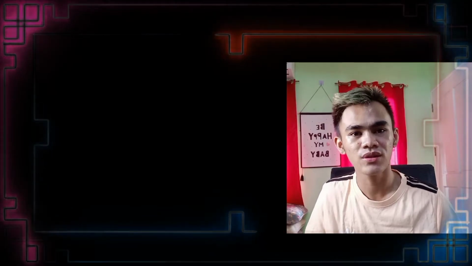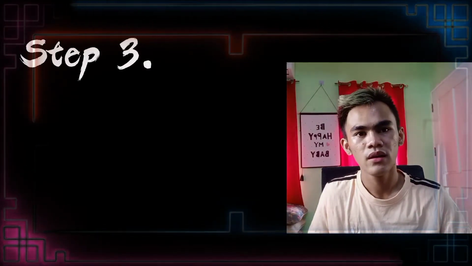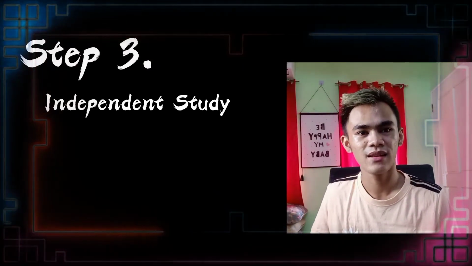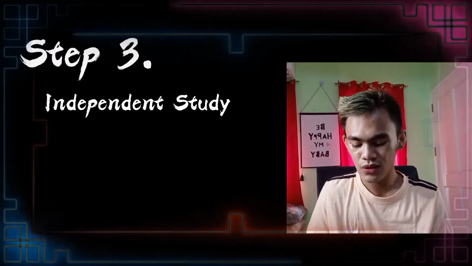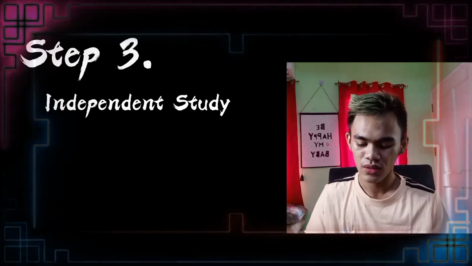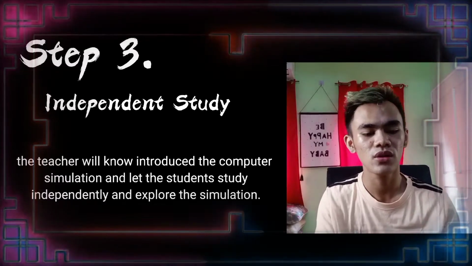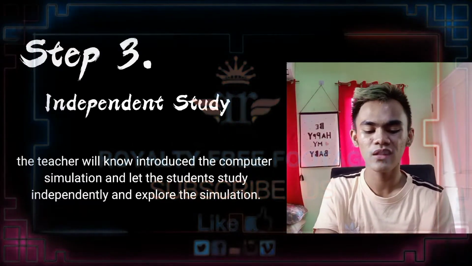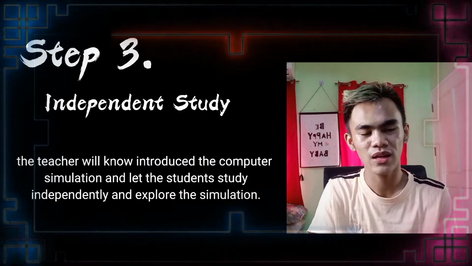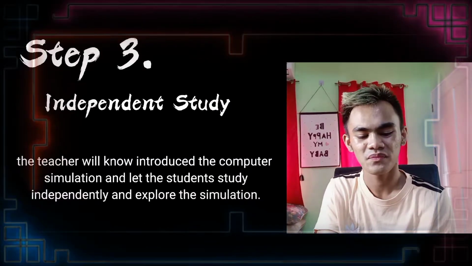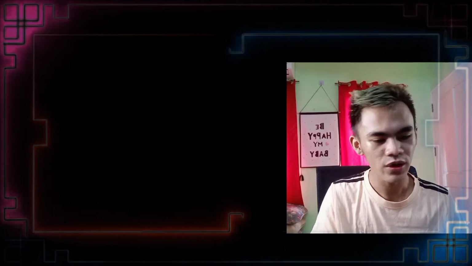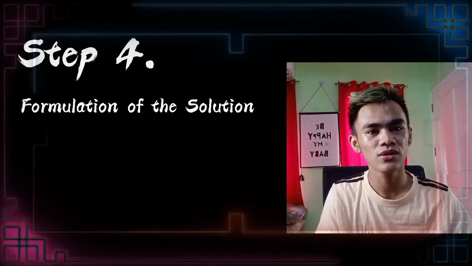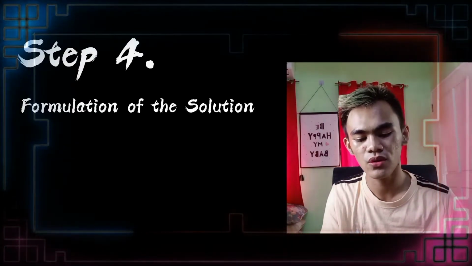In the third step, we have independent study. The teacher will now introduce the computer simulation and let the students study independently and explore the simulation. And the fourth step, formulation of the solution.